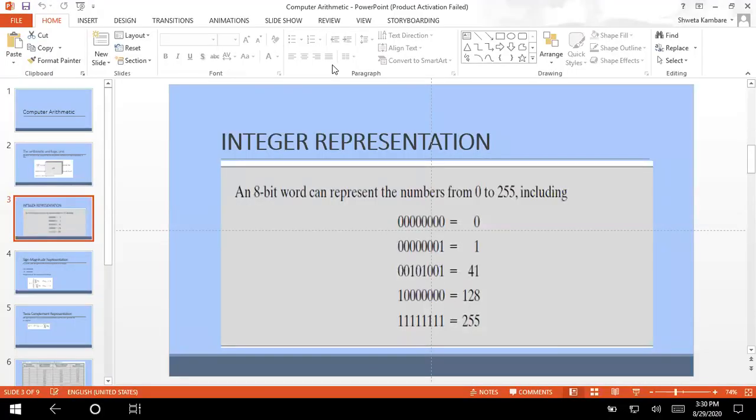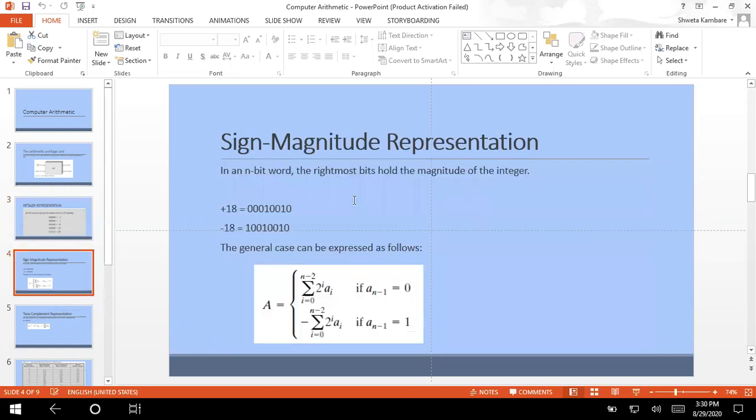There is no way to know whether it is positive or negative, right? That's why there are two different methods of integer representation, and one of them is sign magnitude representation.